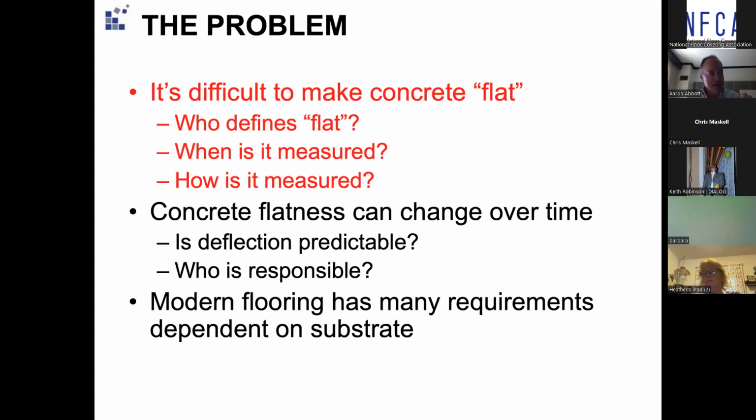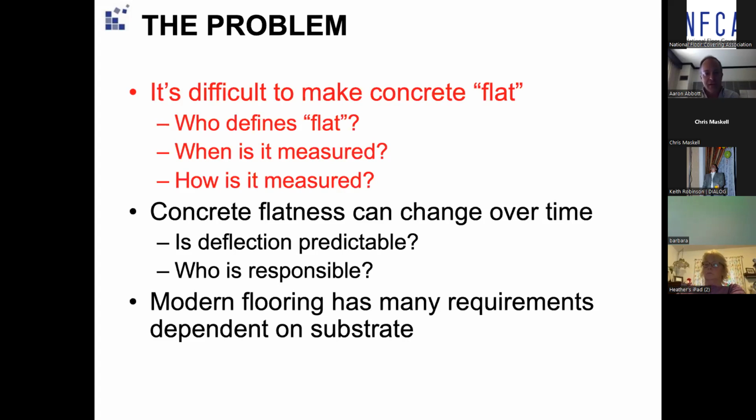Okay, so rubber floor, sheet vinyl, VCT, engineered wood, the whole ball of wax. It's difficult to make concrete flat because of these questions. Who defines what flat means? When is it measured? And how is it measured? These things come up pretty frequently.